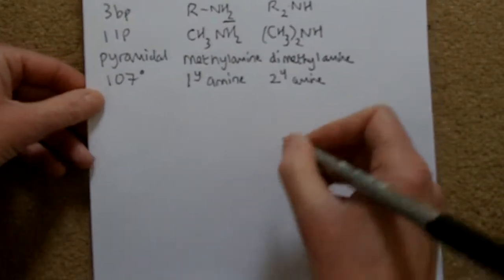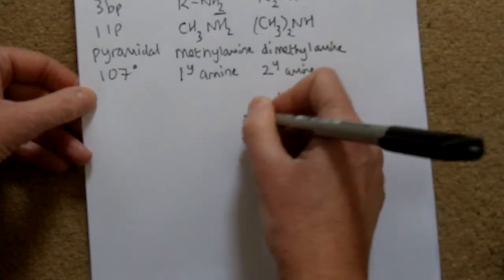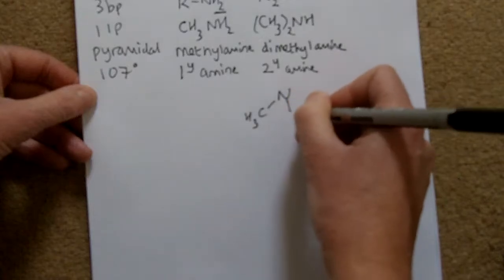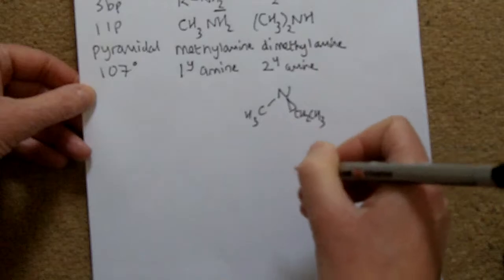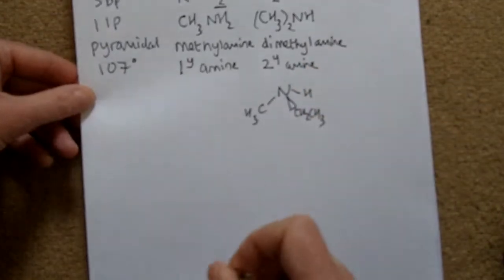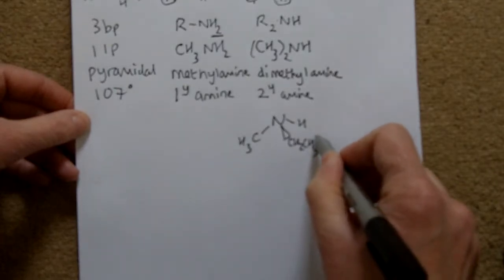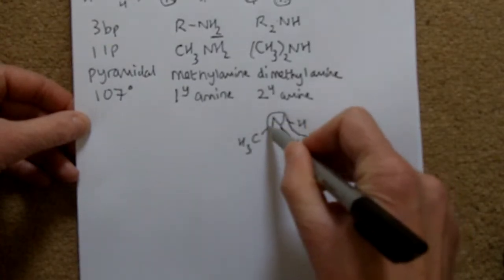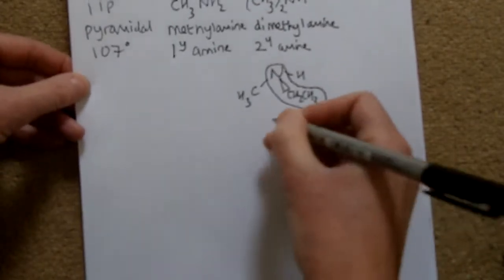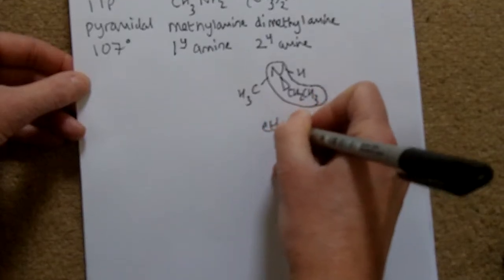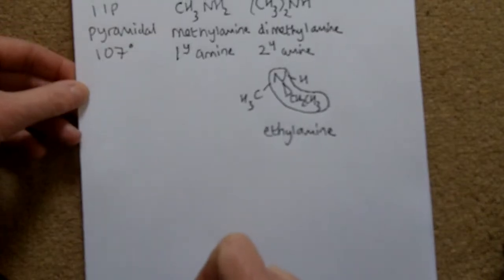So say, for example, we have methyl, but what if we have an ethyl on there as well, and then we have a hydrogen? What if the 2 groups are different? The way that you name it is you take the longest carbon chain, so that would be called ethylamine, because it's the longest carbon chain.